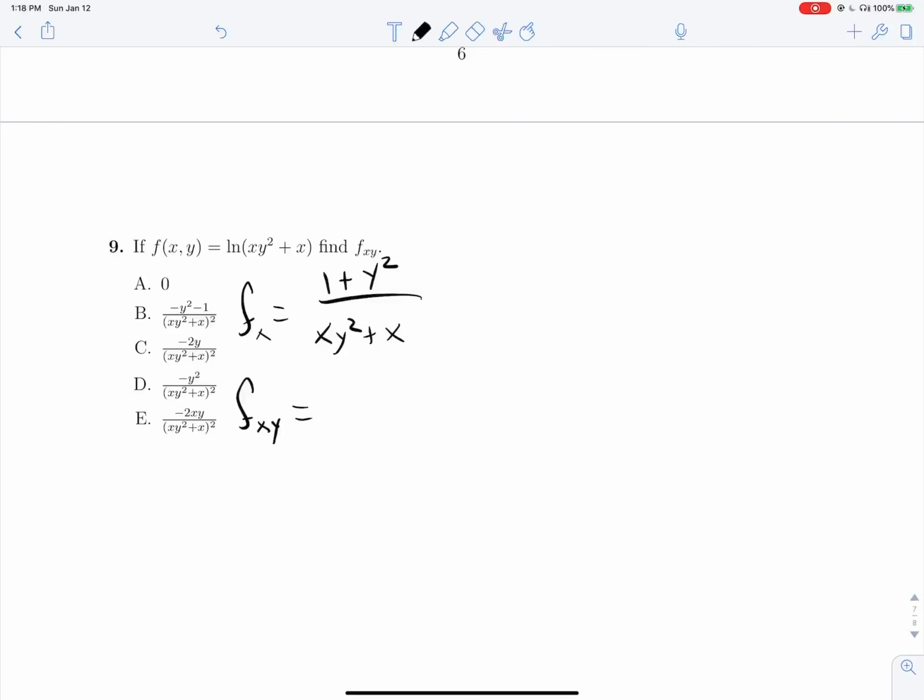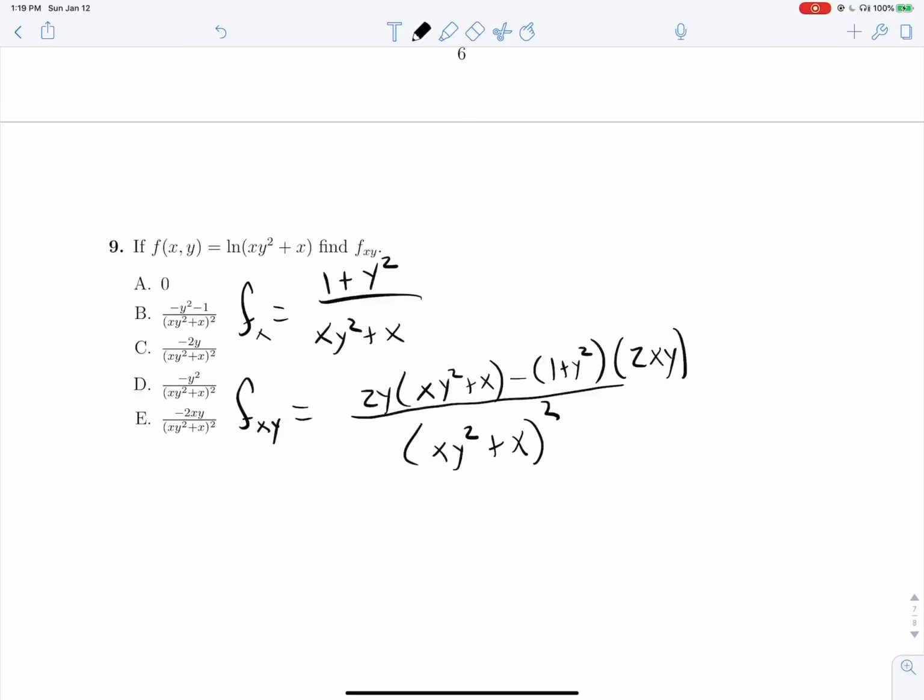So this will give us a big quotient with xy squared plus x squared on the bottom, and 2y times xy squared plus x minus 1 plus y squared times 2xy on the top.